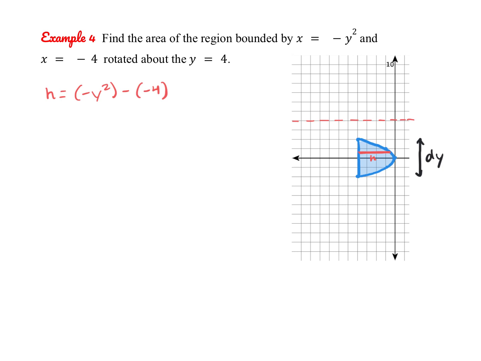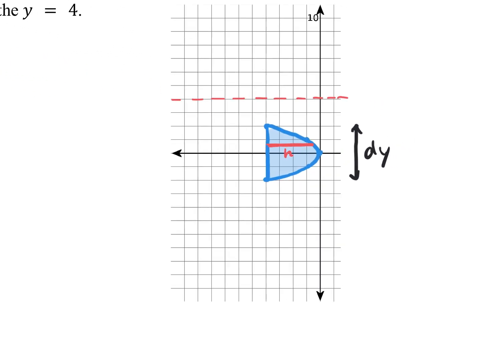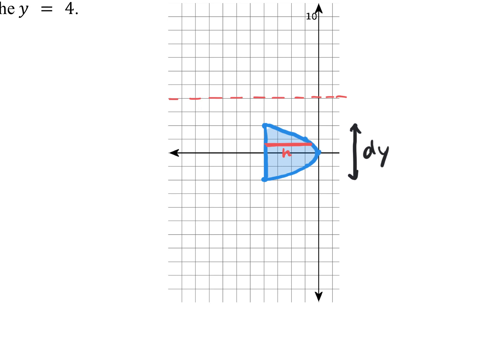Now we need to define our radius. So if I zoom back in here, our radius is going to be this distance. Again, where I drew my height was totally arbitrary, but my radius for that rectangle is going to be from the axis of rotation to that height. Remember, I need to define my radius in terms of y because I'm integrating with respect to y. So I know that, again, this entire distance here is 3.